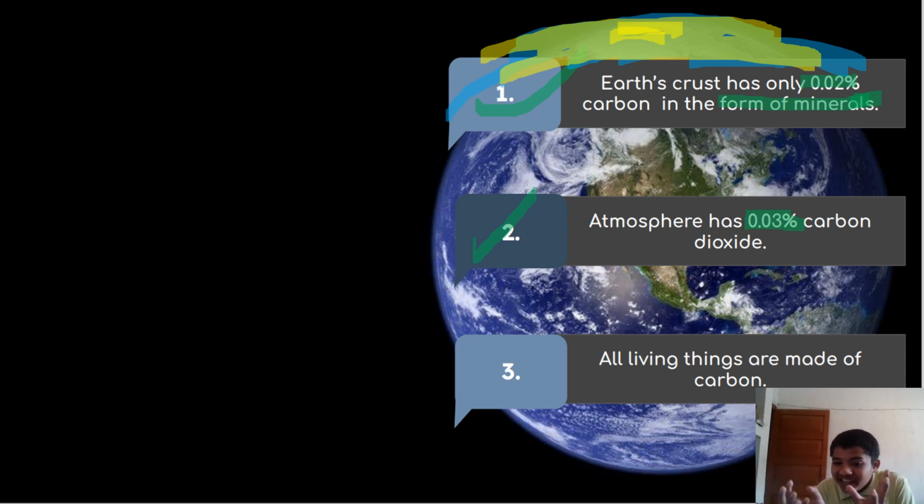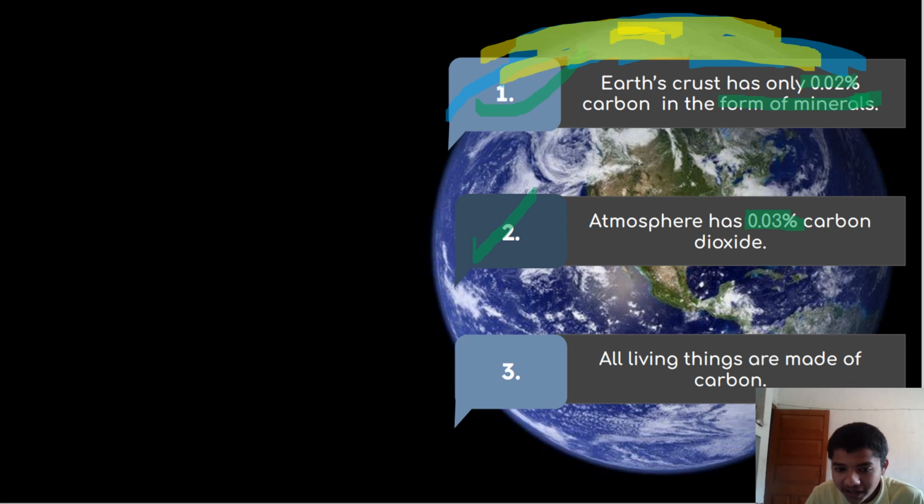And when it exists combined with other atoms, as carbon dioxide, with two atoms of oxygen, the percentage of carbon is also low. So you can conclude that in our atmosphere there is a very small amount of carbon dioxide, and in our Earth's crust the presence of carbon is very low too.